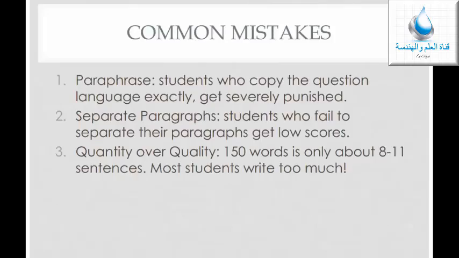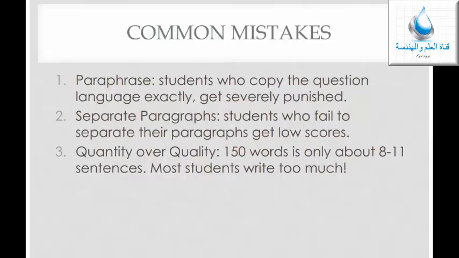All right. Some common mistakes that students make that get them a low score. It's very important to know. Paraphrasing. Right, students who copy the question language exactly get severely punished. You can't just look at the question language for task number 1 and copy it as your introduction. All right, you cannot do that.